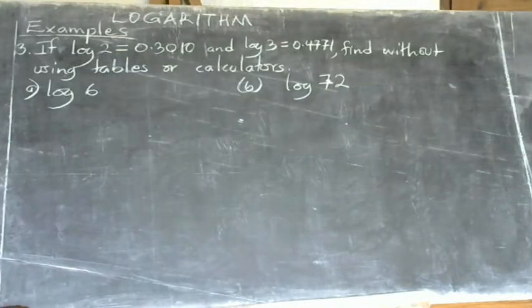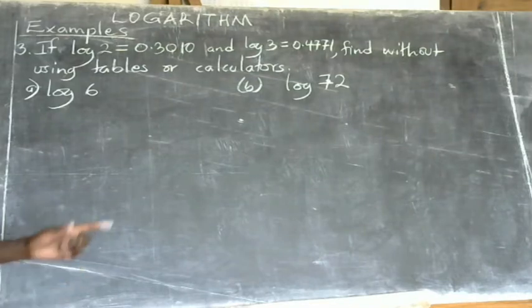Example 3. If log of 2 is equal to 0.3010 and log of 3 is equal to 0.4771, find without using tables or calculators part A, log of 6, and then part B there.